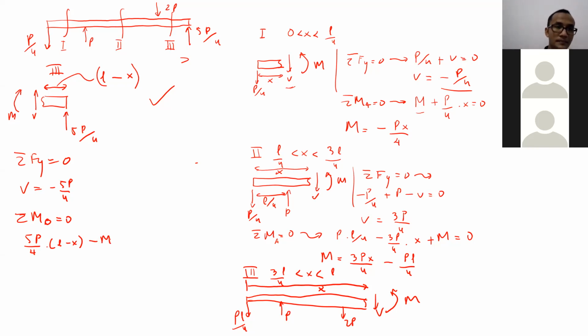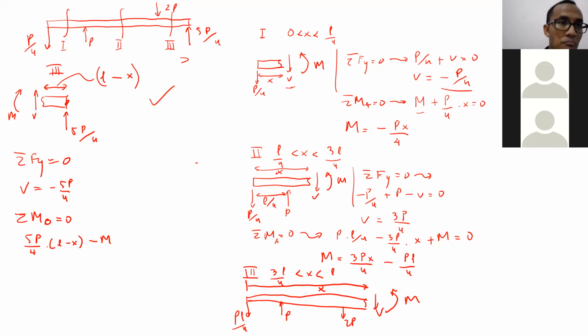Why minus? Because V here is actually giving, if we use a sigma moment at P, V is supposed to give a clockwise moment, the same as M, but remember the value of V there is minus.